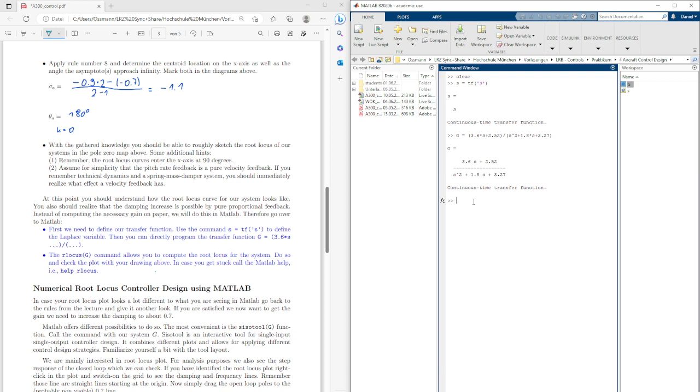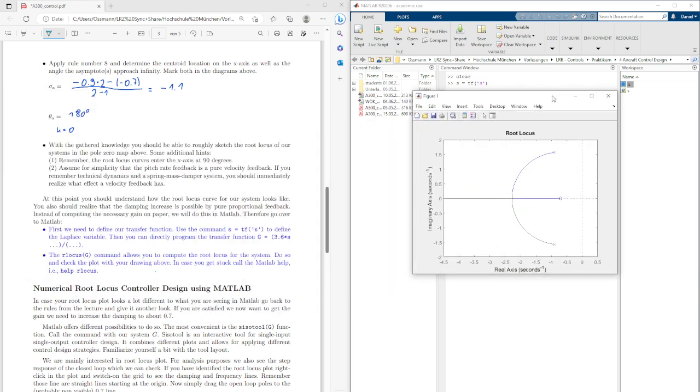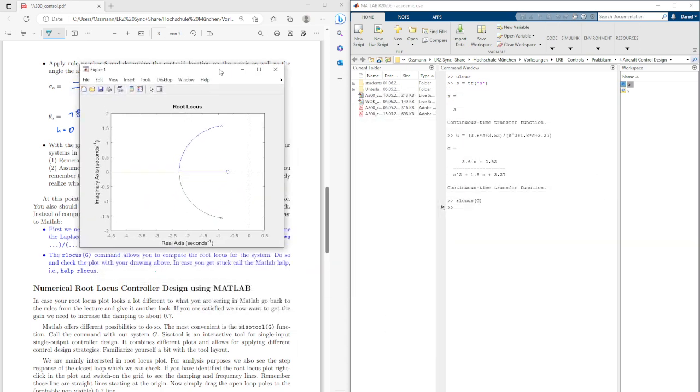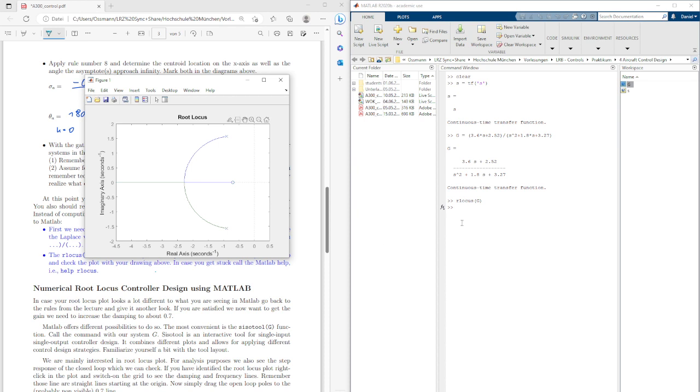Okay, so now we want to check if we have drawn our root locus curve nicely on paper, and this can be done by simply calling rlocus, and then Matlab is given the system. Again, it takes a couple of seconds longer because of the video, and then we get our root locus curve, and we see that we did pretty well compared to what Matlab gives us.